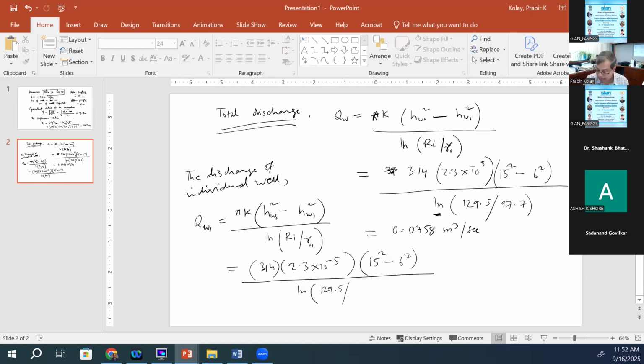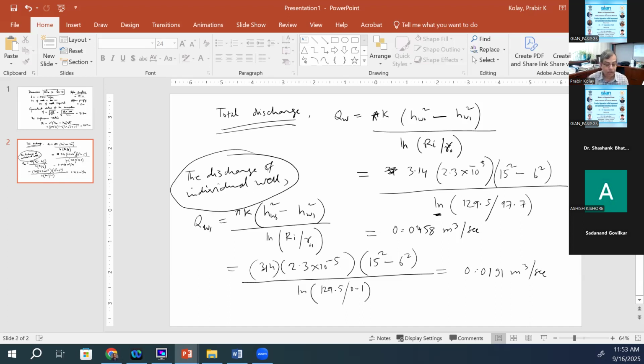So 200 millimeter diameter means the radius should be 100 millimeter. Then we convert it to meter, so it should be 0.1 meter. Then the discharge is 0.0191 meter cube per second. This is the discharge for the individual well.